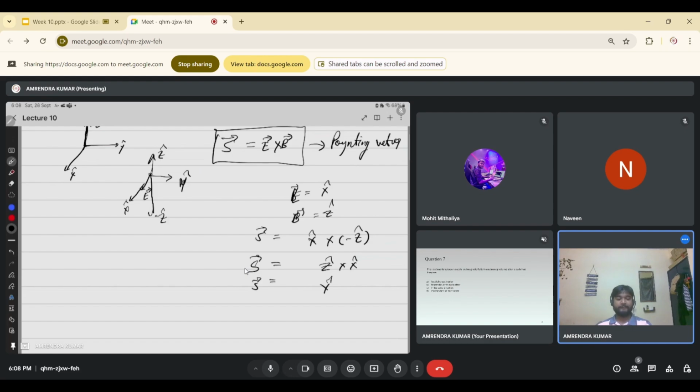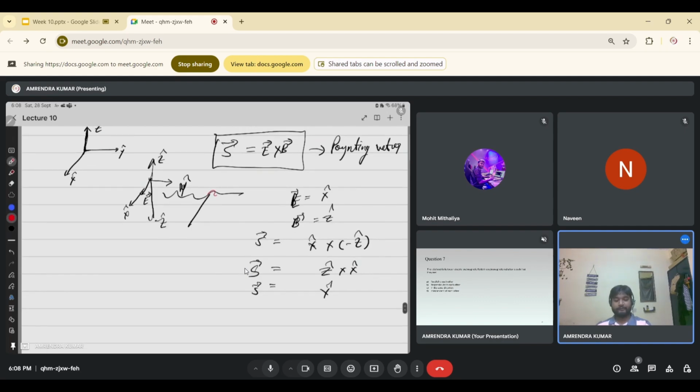So that means this will propagate along this direction, where the electric field will oscillate along this and the magnetic field will oscillate along this, and they have a 90-degree angle. And this is the propagation direction S cap, not the vector itself. This is the E cap, and this is the B cap, so they will oscillate along these.